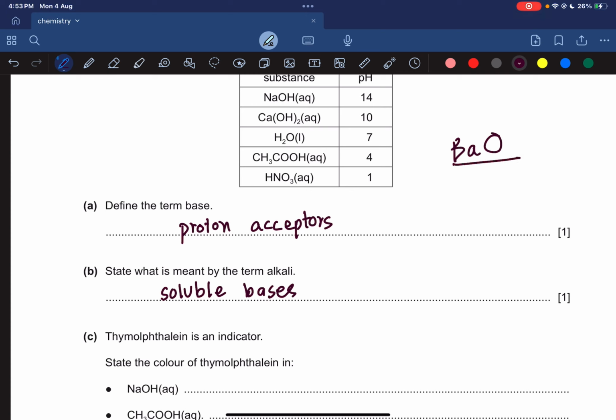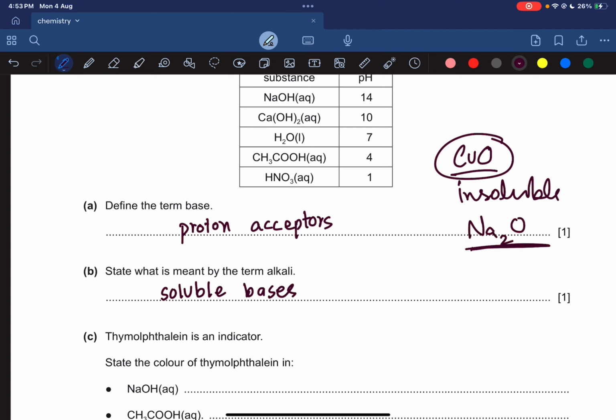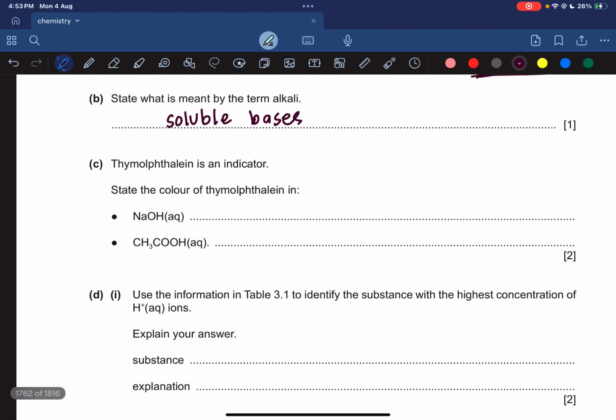Okay, let me take copper oxide. It's very good. Copper oxide is insoluble, so it's a base. But if I take Na2O, sodium oxide, it's soluble. So it's an alkali. So that's the difference. Thymolphthalein is an indicator. State the color of thymolphthalein in NaOH, which is an alkali.